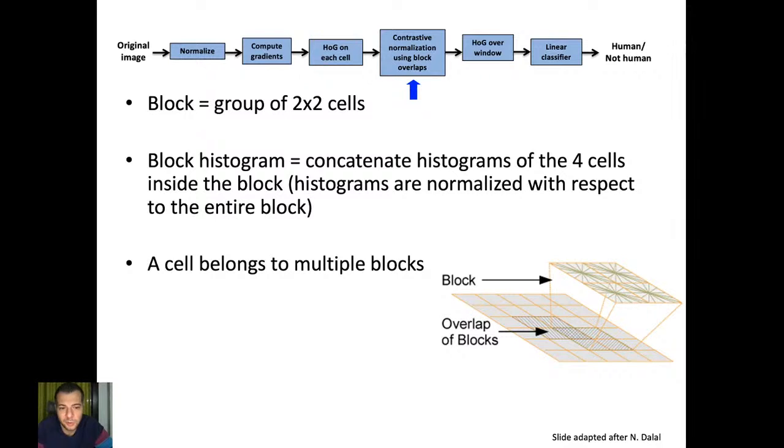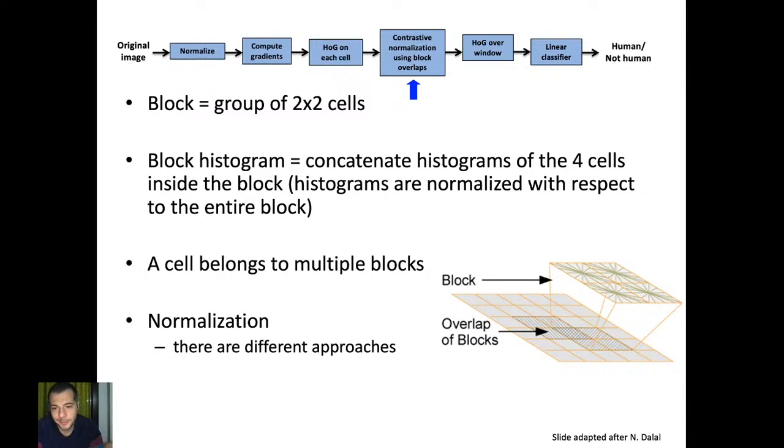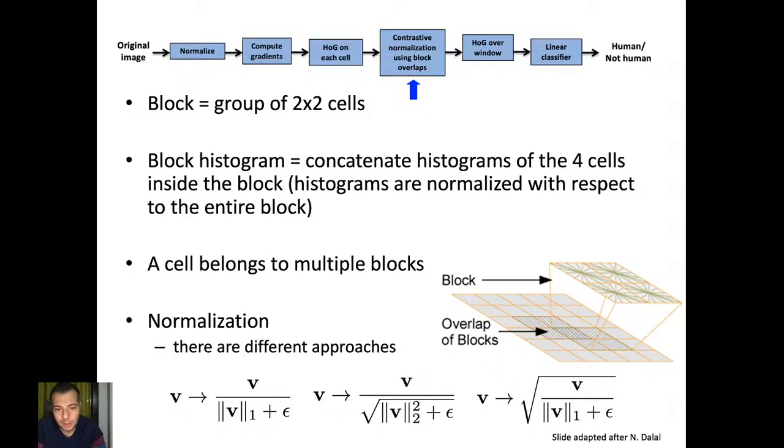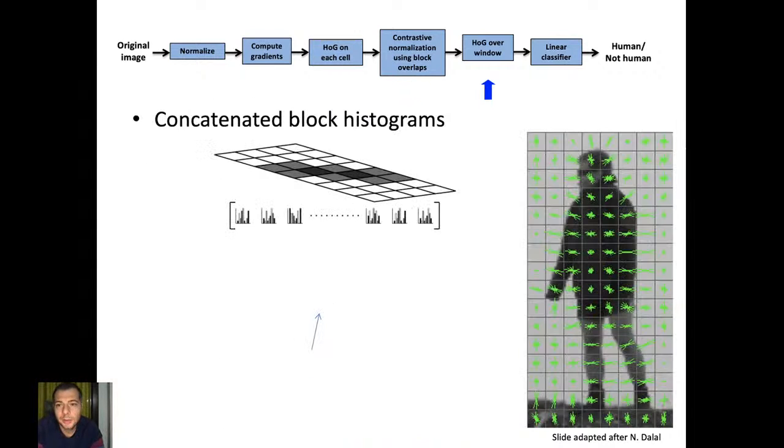Since the blocks are overlapping, a cell can belong to multiple blocks. For the normalization, they tried different approaches, and the one that seemed to work best was the L2 norm, the root of the sum of squared components.